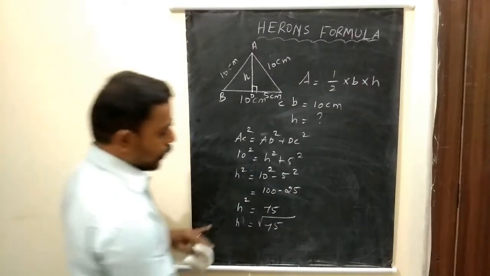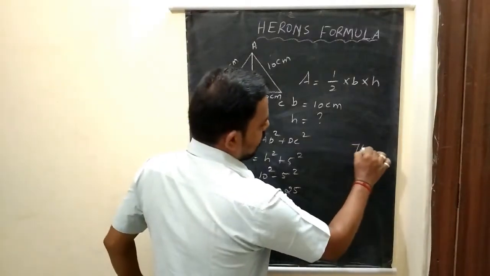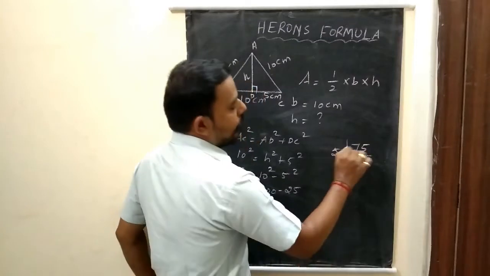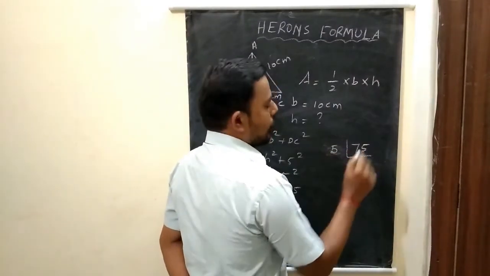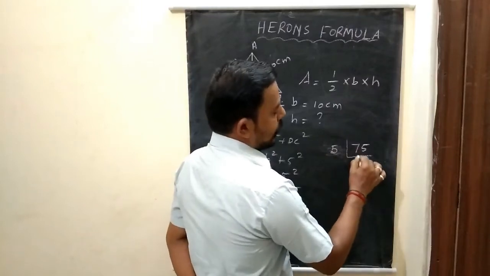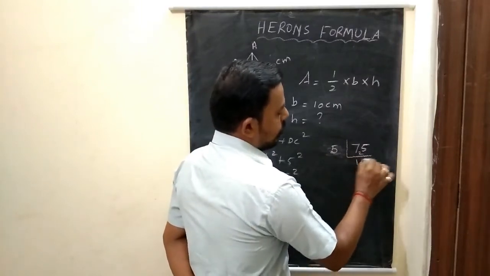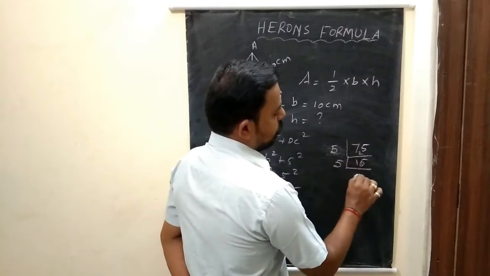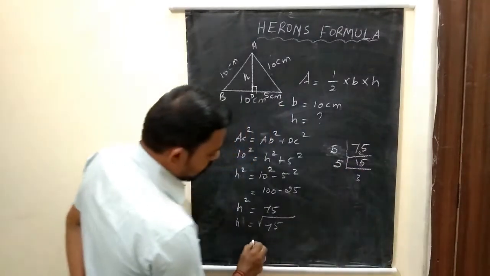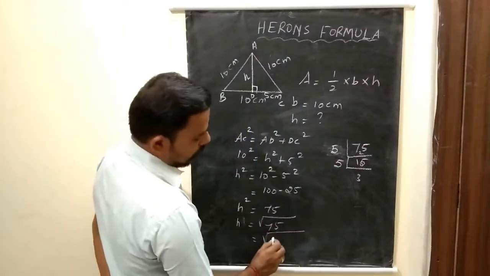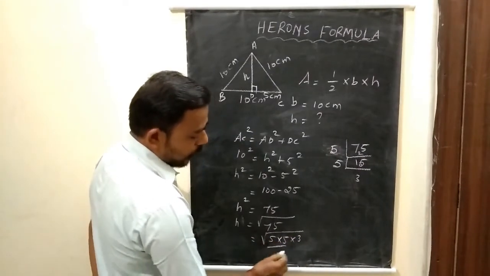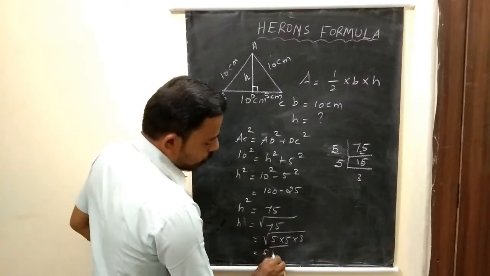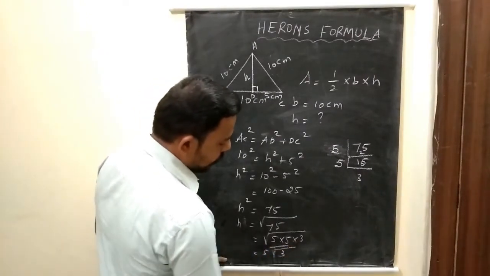Now we need to split 75 using prime factorization. 75 we can write as 5 into 5 into 3. So root 75 is 5 into 5 into 3; take one 5 outside, so 5 root 3.